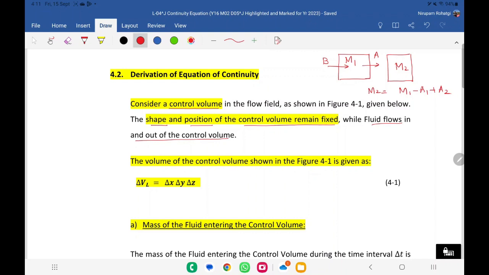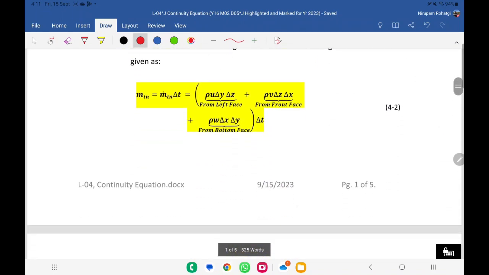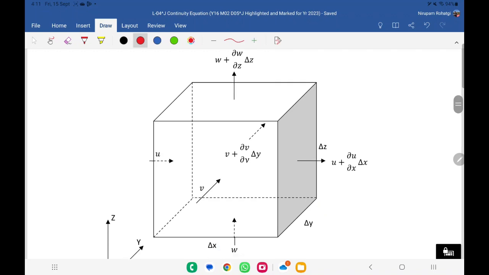Now, this is the shape of our control volume. Mass is entering here with velocity u, and it is coming out with the velocity u plus del u by del x into delta x.